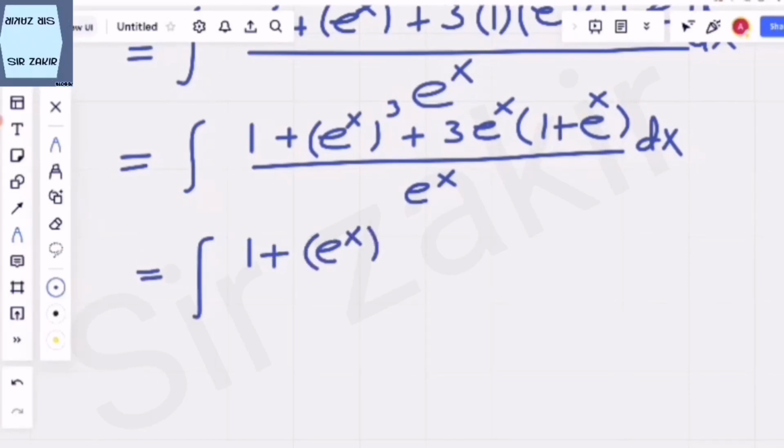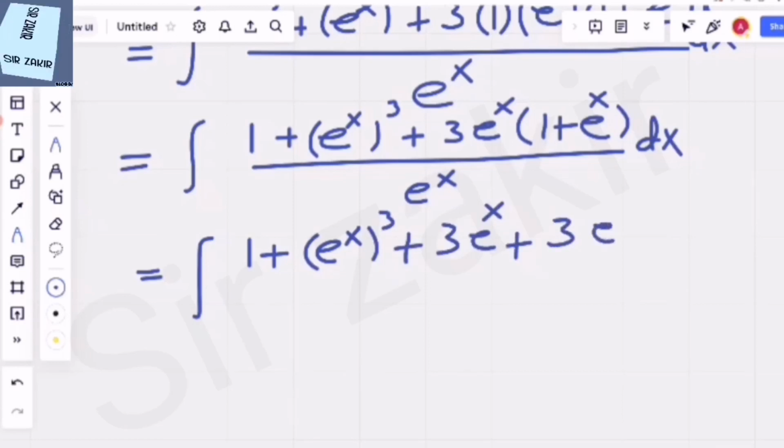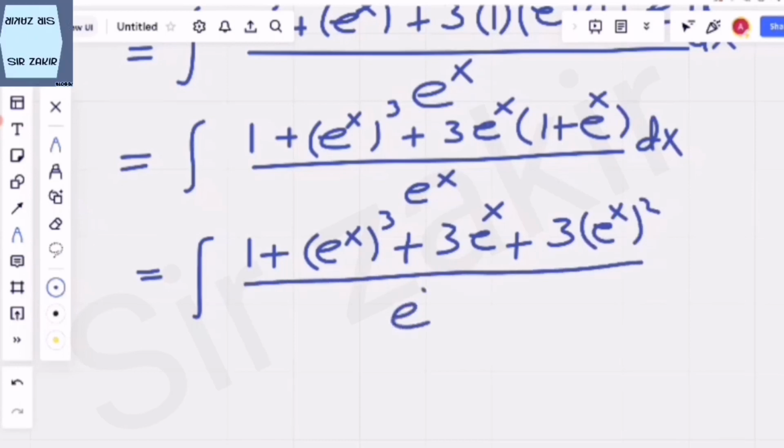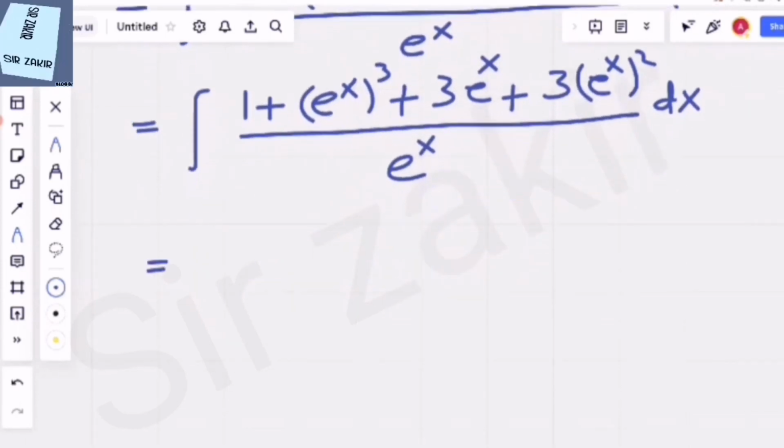Numerator simplification is 1 + (e^x)^3 + 3e^x + 3(e^x)^2, divided by e^x dx. Now we divide 1 by e^x.